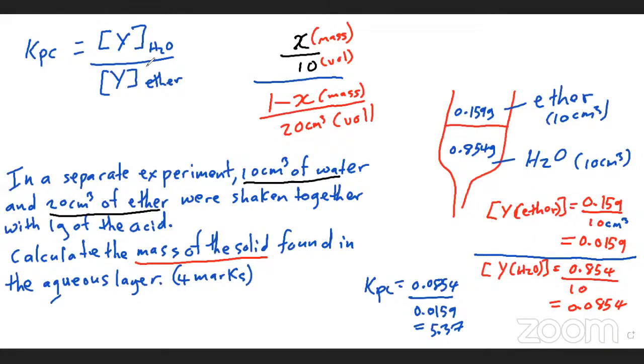Remember, mass concentration is mass divided by volume. That is why you have X over 10, the possible mass in water over the volume, divided by the possible mass in the ether over the volume. So KPC would equal all of this here.